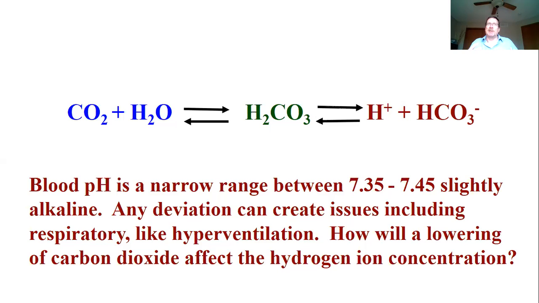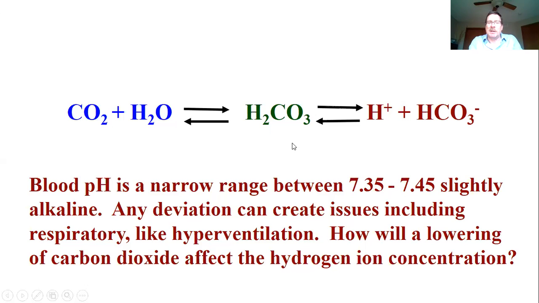Blood is normally slightly basic, slightly alkaline, and it can't move much to either side without causing you issues, like with SpongeBob, a little hyperventilation. So that's the idea to start with: equilibrium is a key component of living organisms staying alive, and chemistry is in there.